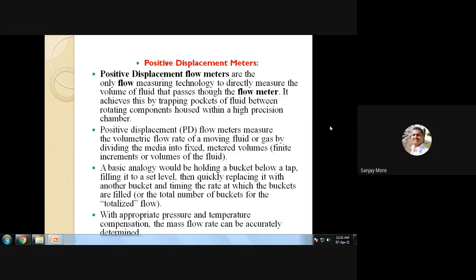Okay, this is the positive displacement meter.